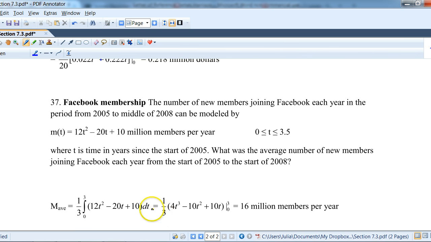Then we have 1/3 times 12t cubed over 3, which becomes 4t cubed, minus 20t squared over 2, which is minus 10t squared, and then plus 10 becomes 10t from 0 to 3. And again, you can plug in 3 and evaluate it, and I get about 16 million members per year. And that's it for this video and for this course.